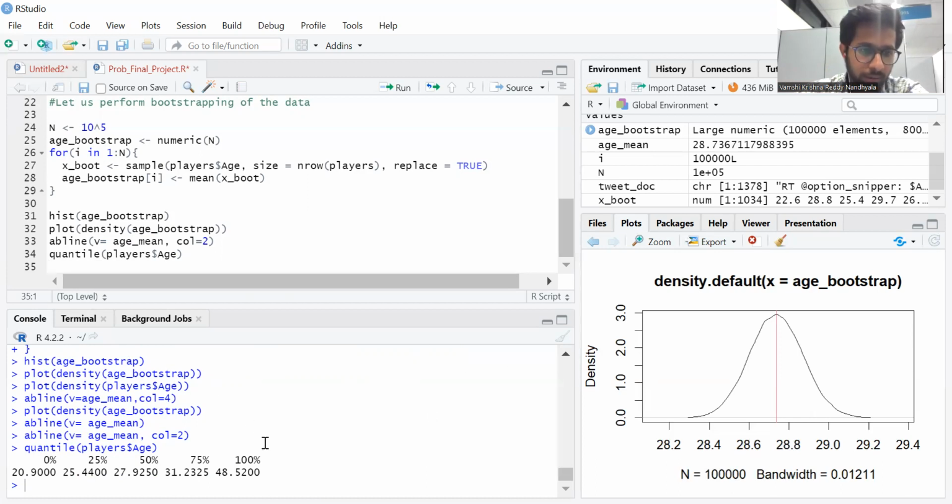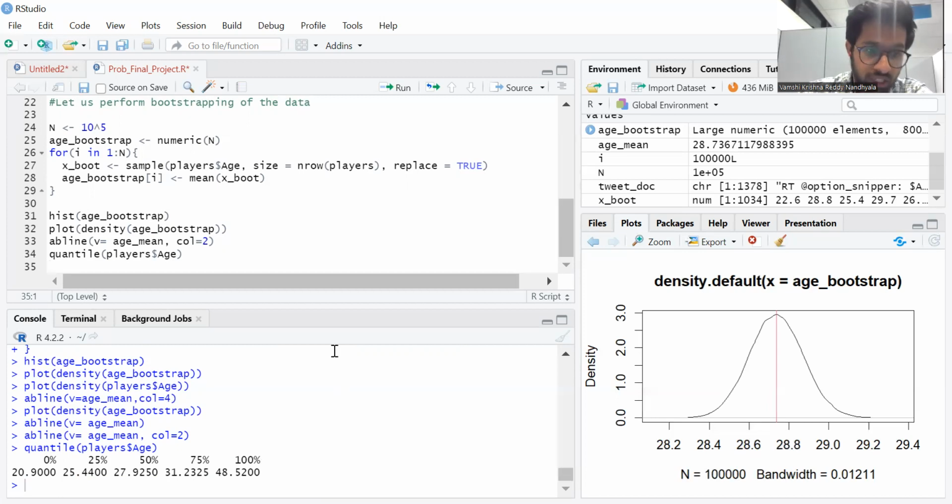Around 50% of the people, a huge chunk, lie below 27, starting from 20 years old. Only 25% lie between 27 and 31 years old, and only 25% lie between 31 and 48 years old.